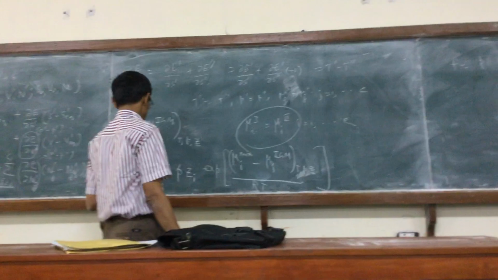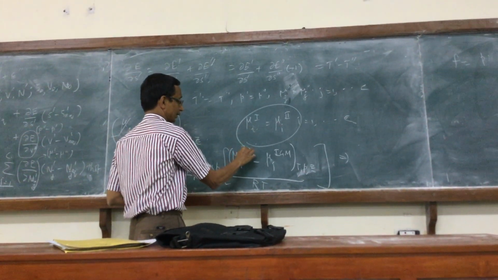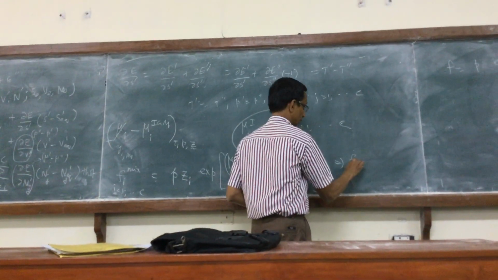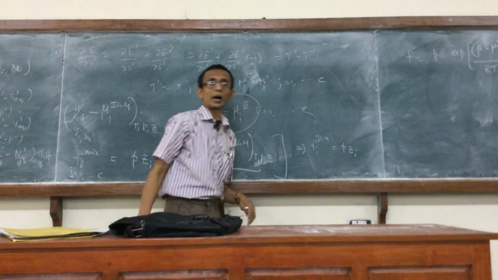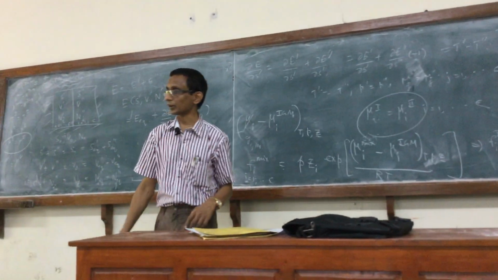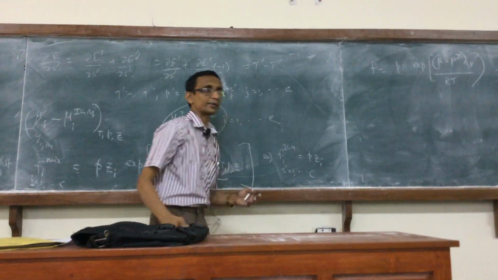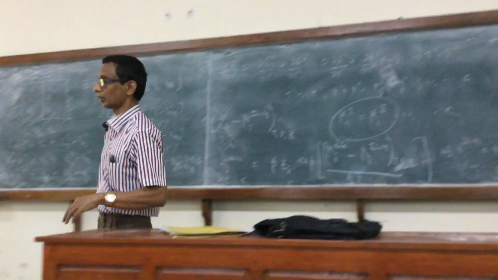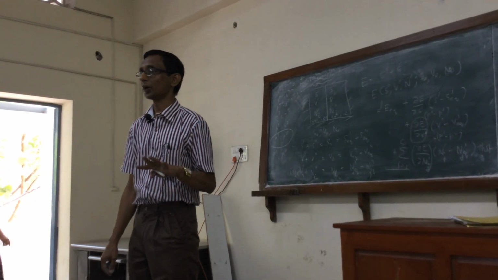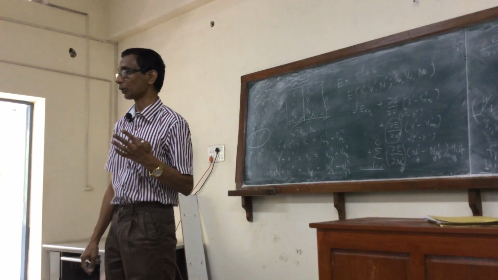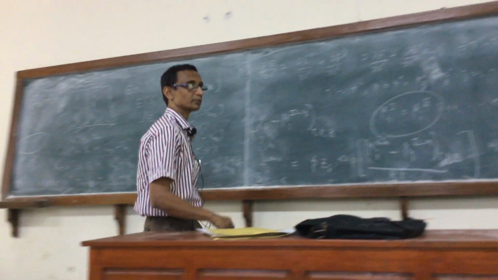So for the ideal gas mixture, the fugacity of any component is simply the partial pressure of the component in the mixture. Just as we saw that for the ideal gas, the fugacity equals its pressure, for the ideal gas mixture, the fugacity of each component equals the partial pressure of that component in the mixture. So, are there any questions?